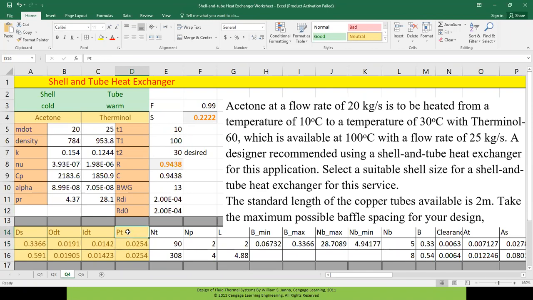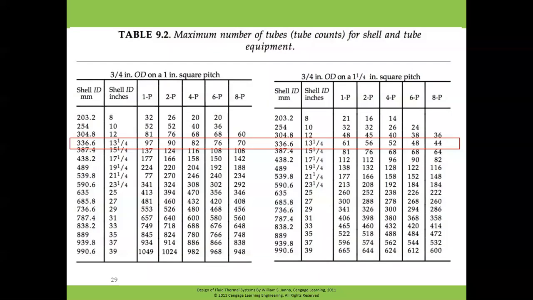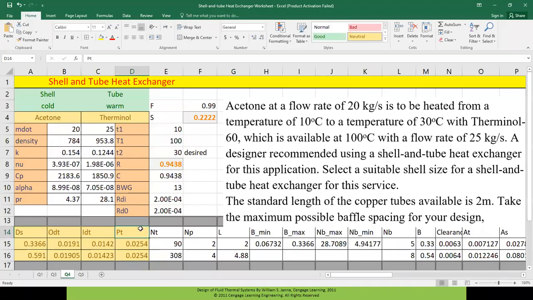Okay, so this is our pitch, and this is the number of tubes. We got the number of tubes from here, where we selected this one. We selected 2 passes, and the number of tubes is 90. So with 2 passes, the number of tubes is 90, and the shell diameter is this. And the length is given in the problem: the length is 2 meters.